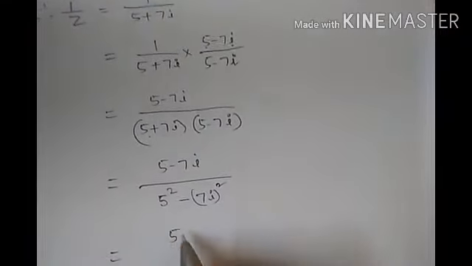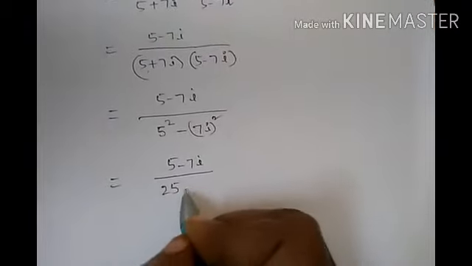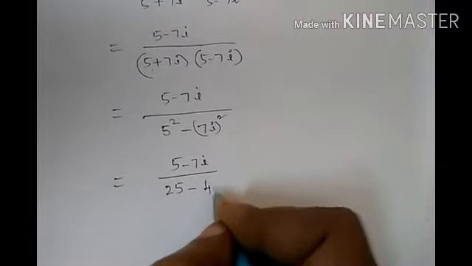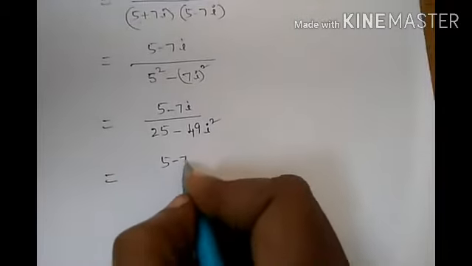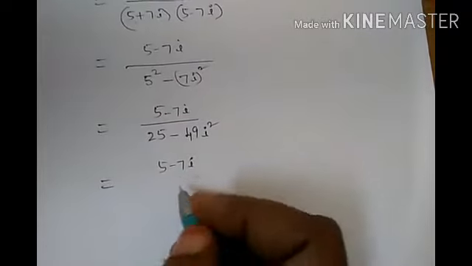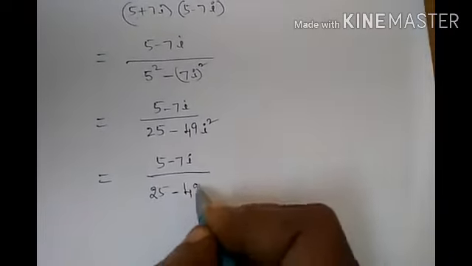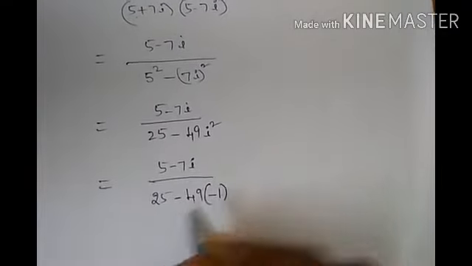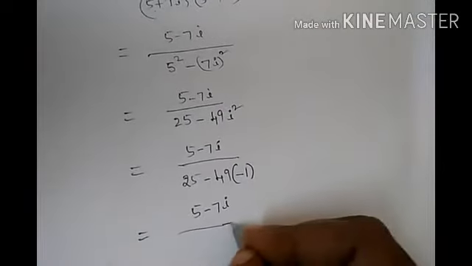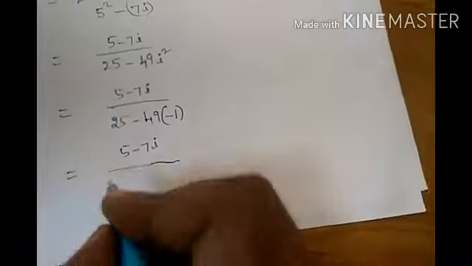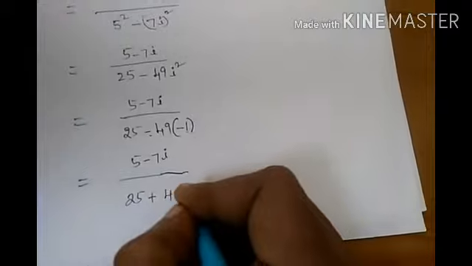That is equal to 5 minus 7i by 5 square, which gives 25, minus 7 square, which is 49, into i square. The i square value is minus 1, so it is 5 minus 7i by 25 plus 49.